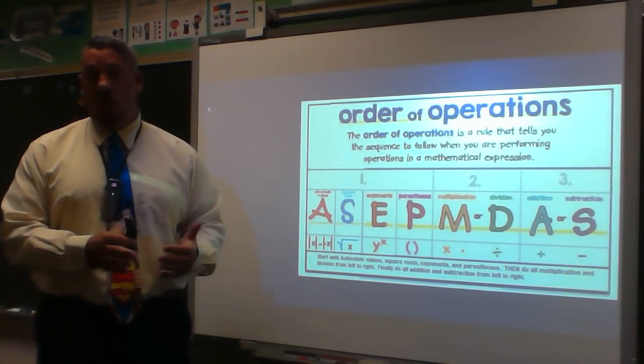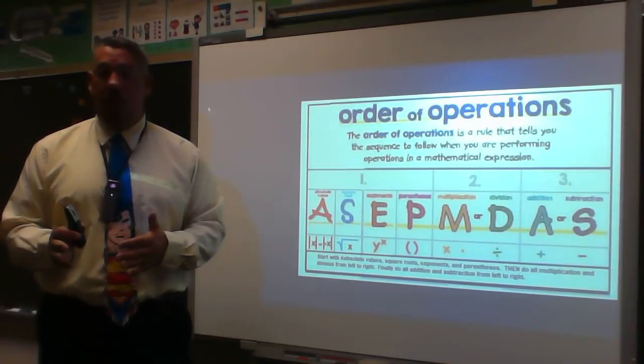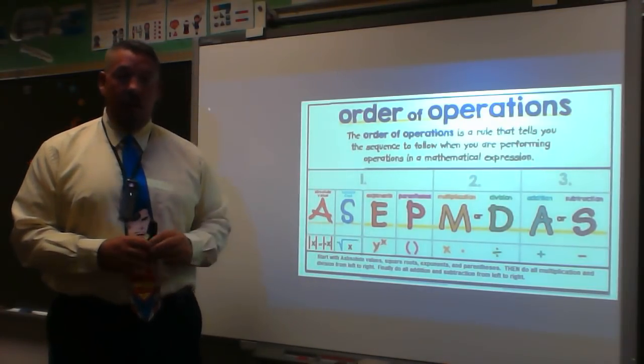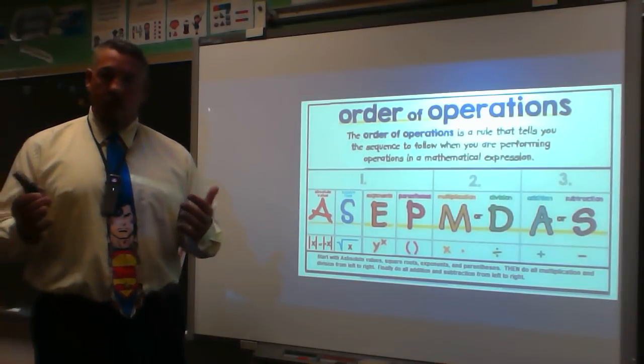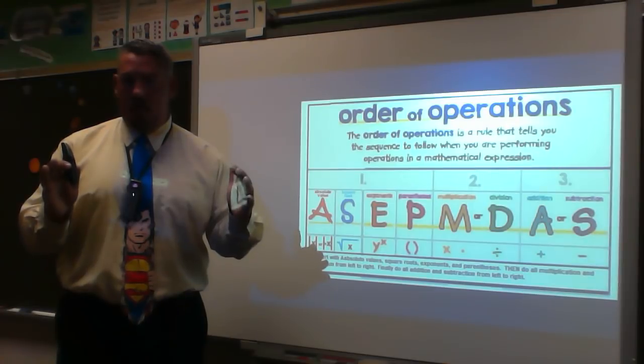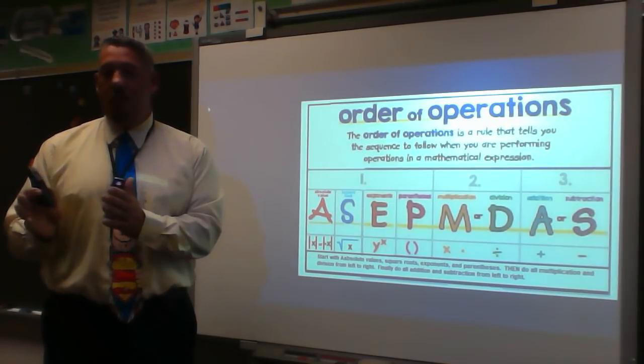Exponents we get into and use a lot this year. My exponent just tells me I'm multiplying a specific number by itself, however many times that exponent tells me. Parentheses are going to be math inside of other numbers, unless it's multiplication and it just shows one number next to another, and then that means you're multiplying.